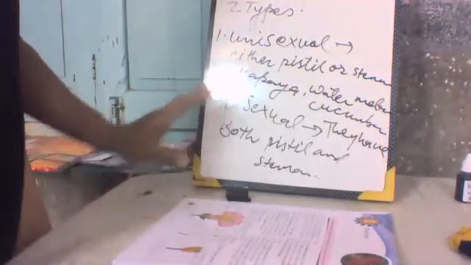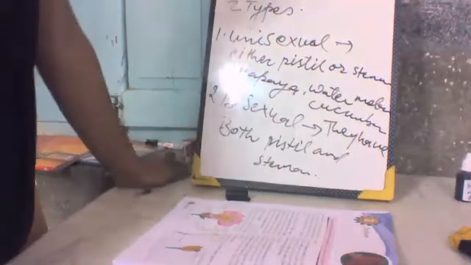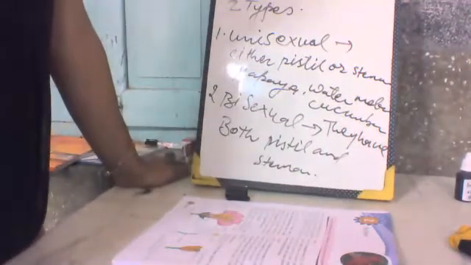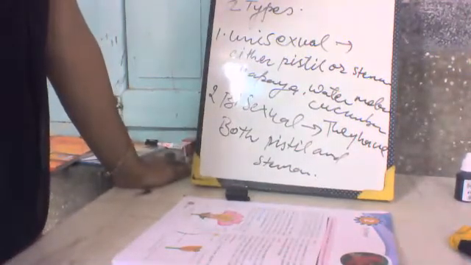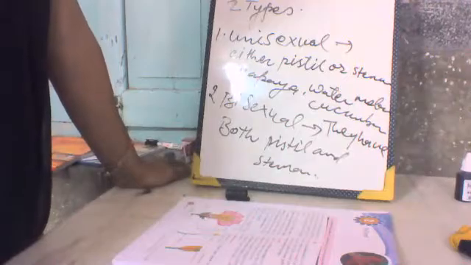They have both the structures in one flower. This type of flower is known as bisexual. The examples are rose, mustard, gulmohar, lily, pea and China rose. These plants have bisexual flower.